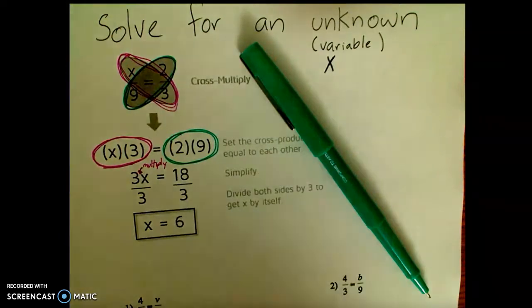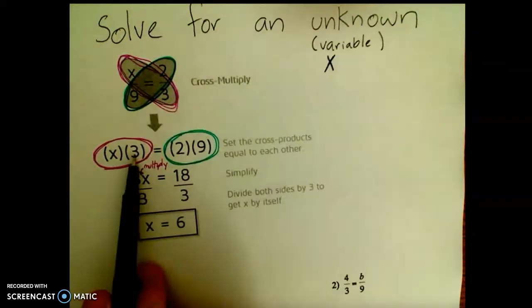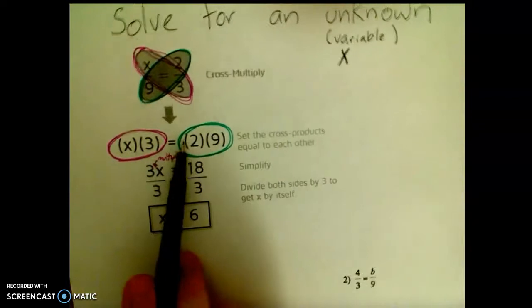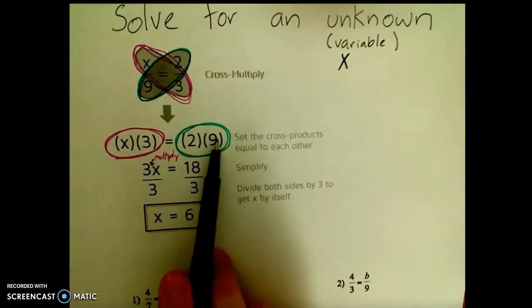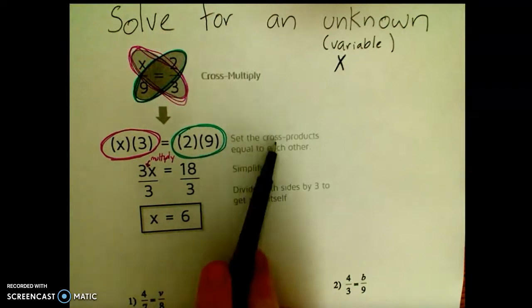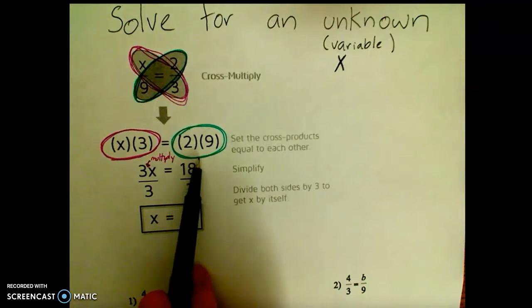Okay, so looking at this, we have x times 3, which was the pink, equals 9 times 2, which was the green. Now we're following our rules here. Set the cross products equal to each other. Ta-da! That part's done.